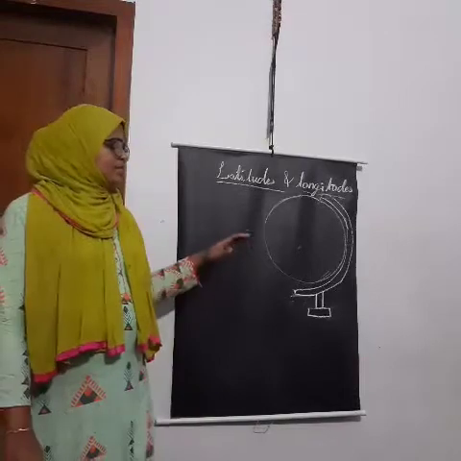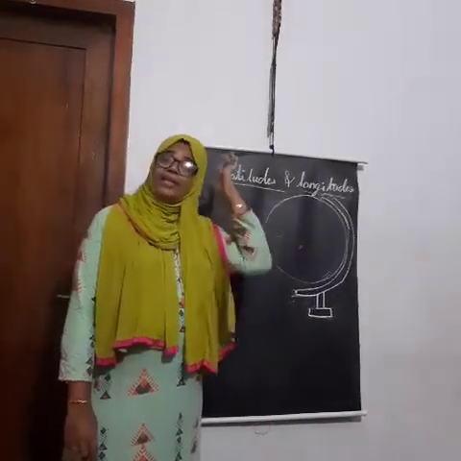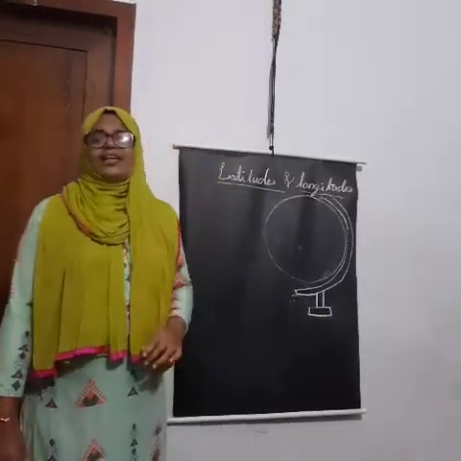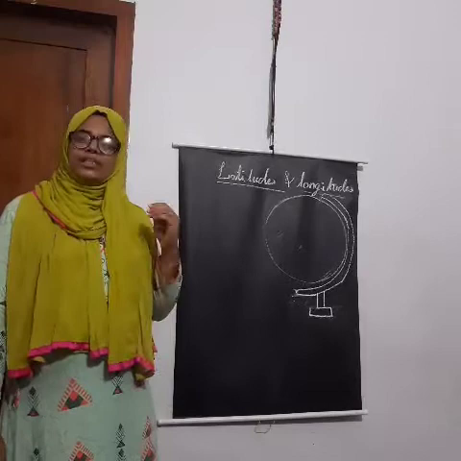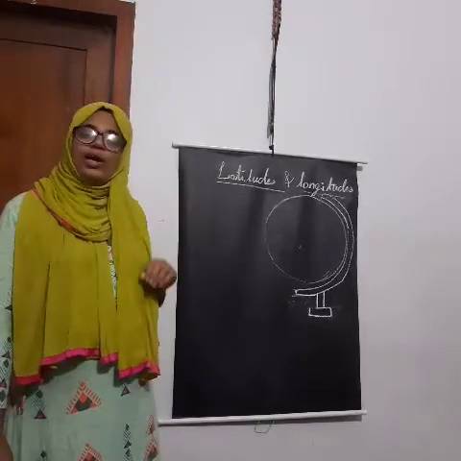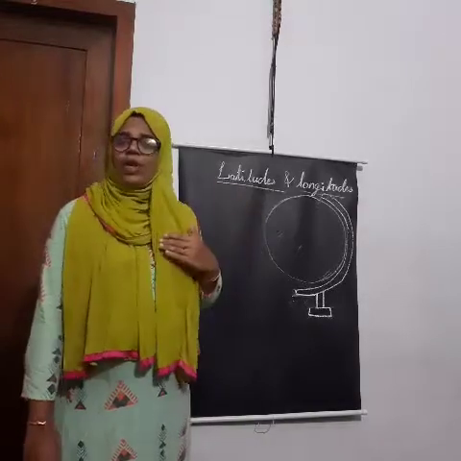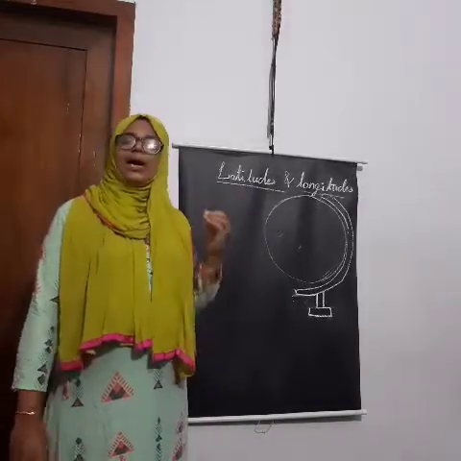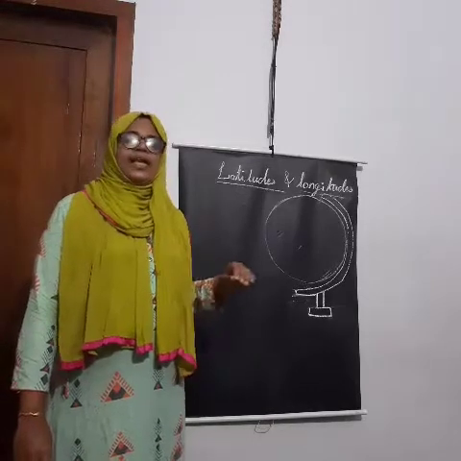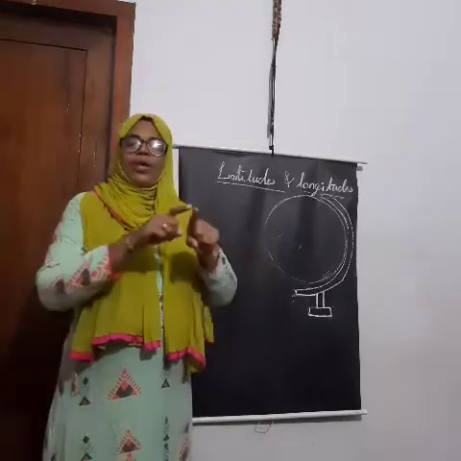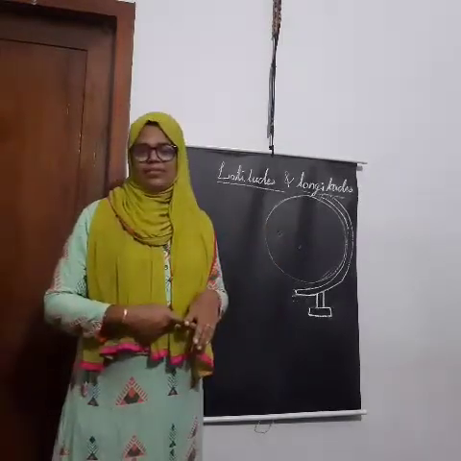So, in the last class we were specifying certain imaginary lines that are drawn by humans, by the students or by the teachers or those who want to know more about globe. We purposefully draw certain imaginary lines, and these lines may be horizontal lines or vertical lines.